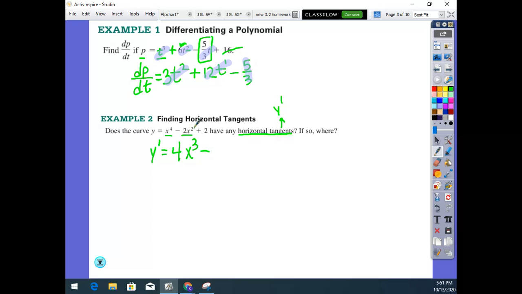I'm going to take the exponent of 2 times the 2 out front, subtract 1 from the exponent, and the derivative of a constant is 0. Now, horizontal tangents means my slope is 0. And in this case, the derivative is my slope. So I want to know, when does the derivative equal 0?